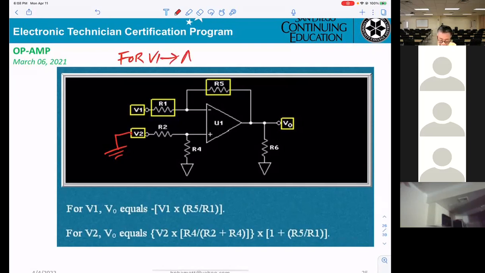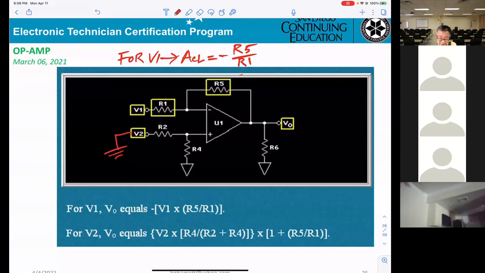For V1, gain ACL is minus R5 over R1. Is it correct? Yes, sir. The thing is, it will be an inverting amplifier. And now if you want to calculate Vout, it will be equal to V1 times the gain.